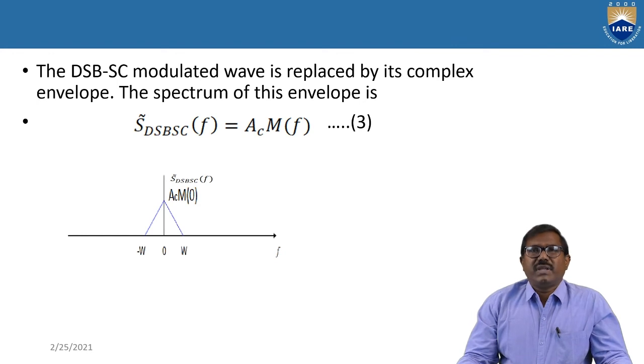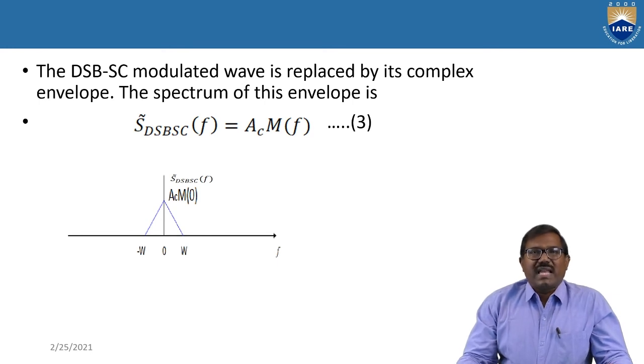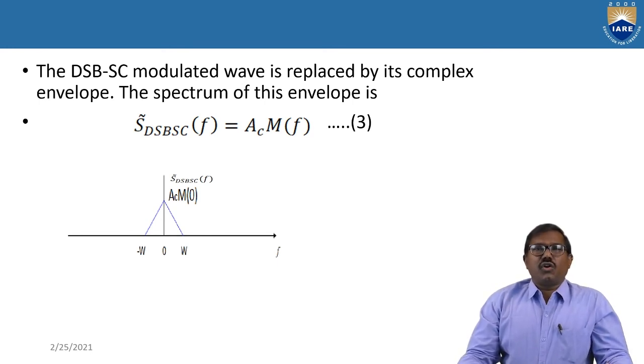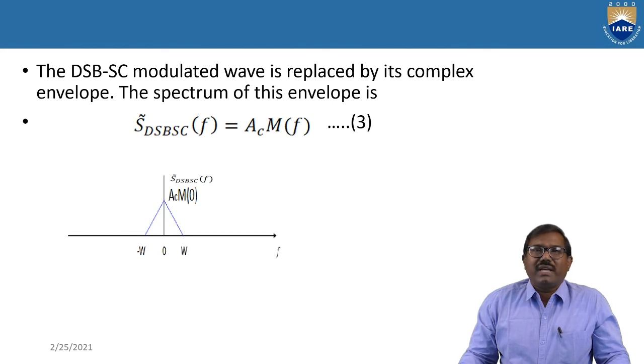So now the DSB-SC modulated wave is replaced by its complex envelope. The spectrum of this envelope is S̃_DSB-SC(f). Already we have s̃_DSB-SC(t), which is equal to Ac m(t).